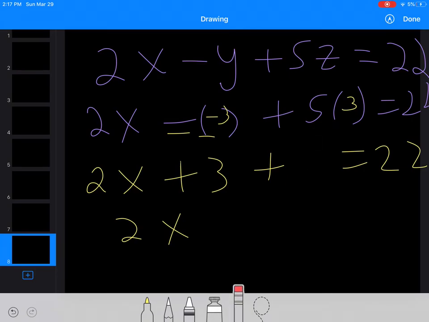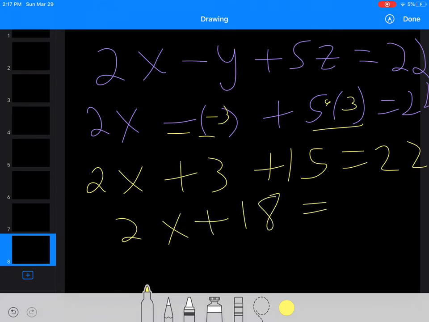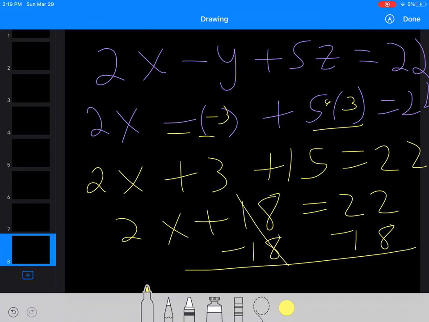Going to slow down a little bit. So that's going to be multiplication, that's going to be 15. All right, so hopefully you have the same solution so far. So I subtract 18 from both sides, and we get 2x equals 4.